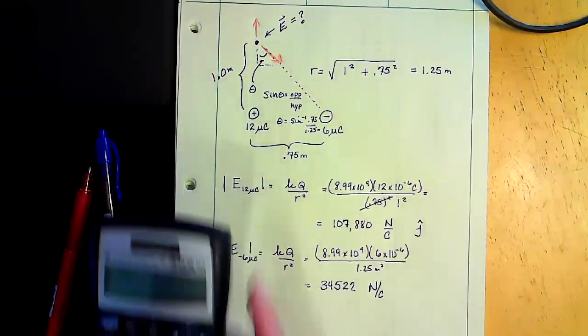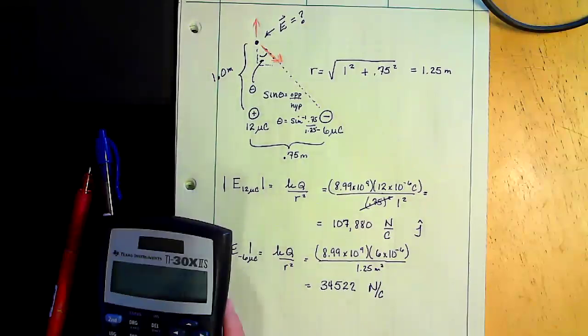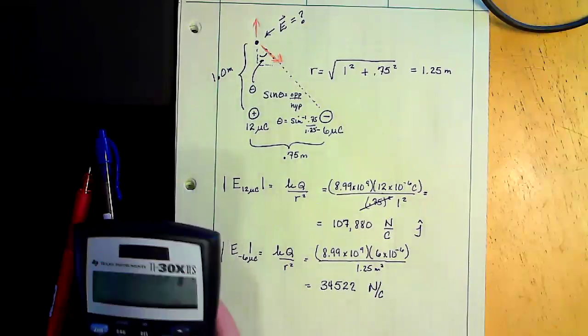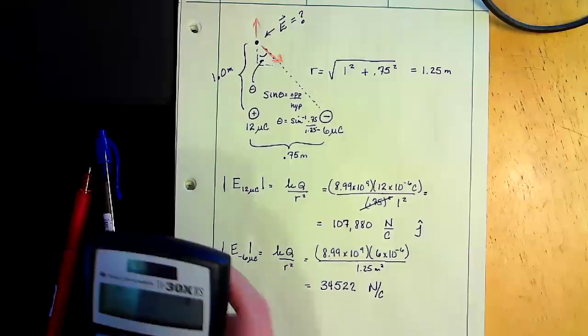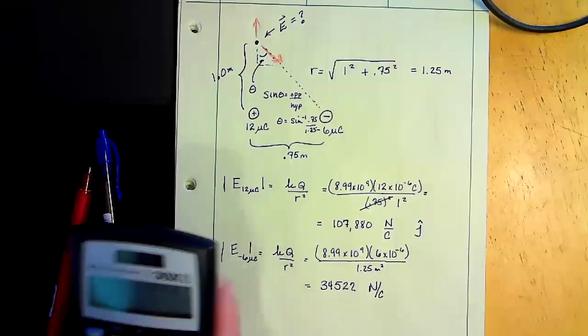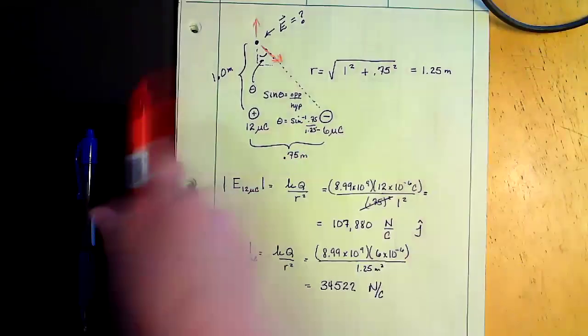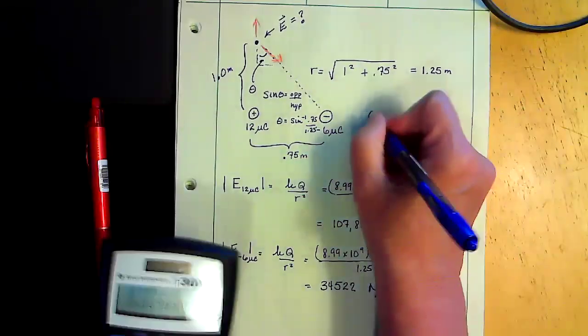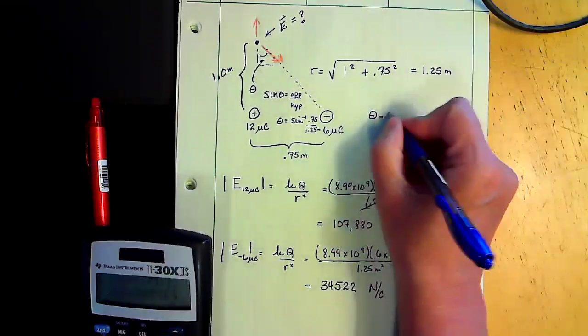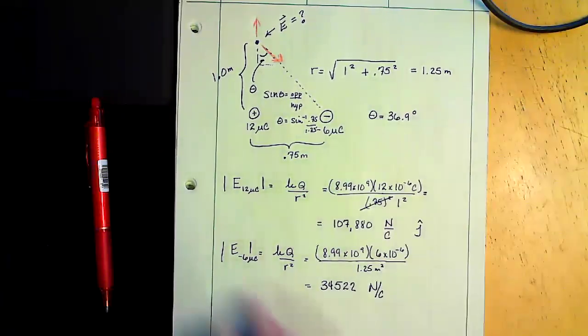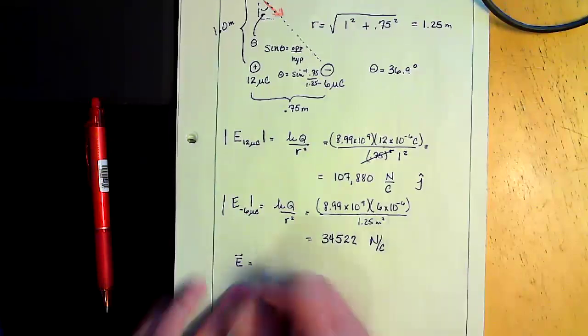I'll divide 0.75 by 1.25, and that says my angle is going to be equal to 36.9 degrees.